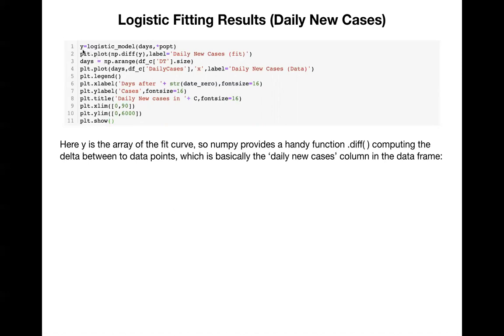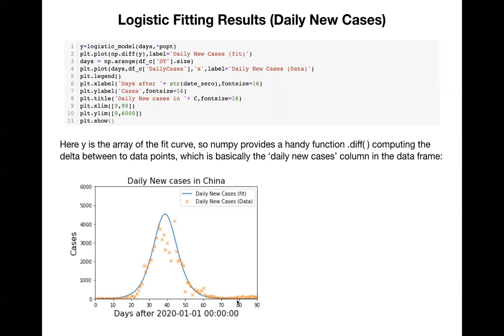So Y equals the logistic model of days and popt. This is the fitting result, and then I'm plotting np.diff of Y. The diff function calculates the deltas between two data points and makes that a new array. Then I'm plotting the actual data, but now the daily cases instead of total cases. And this is the result I get.